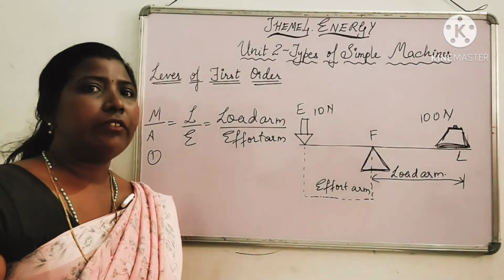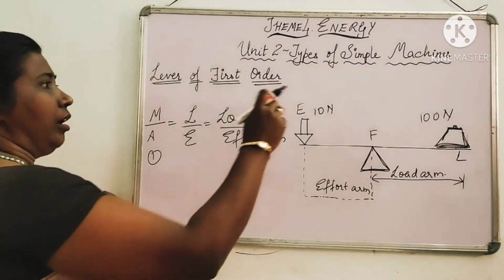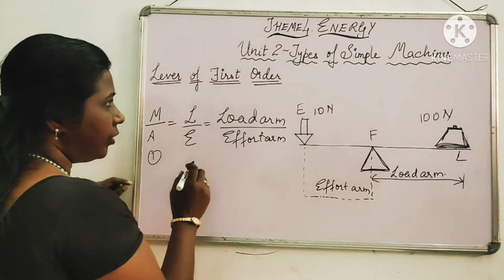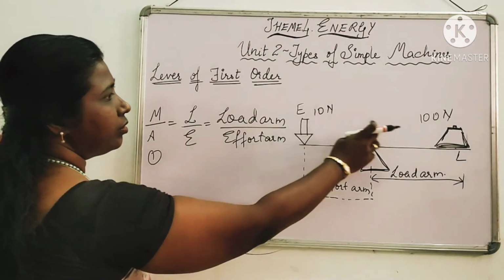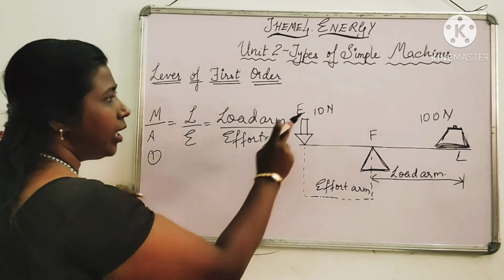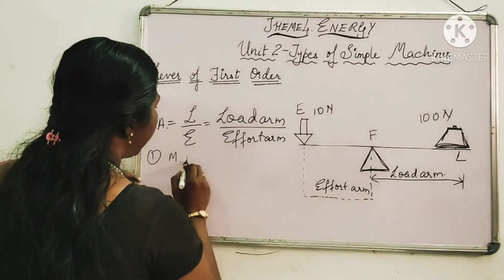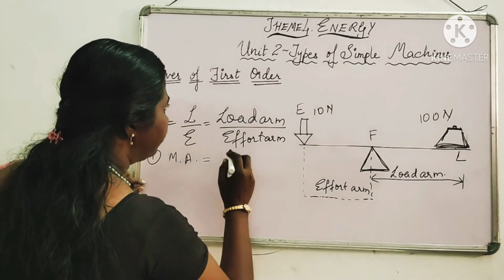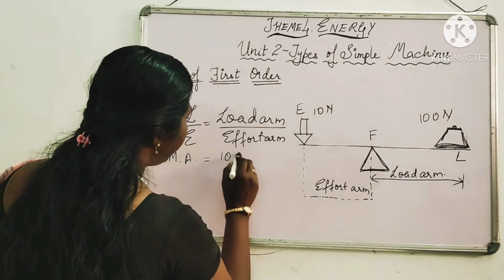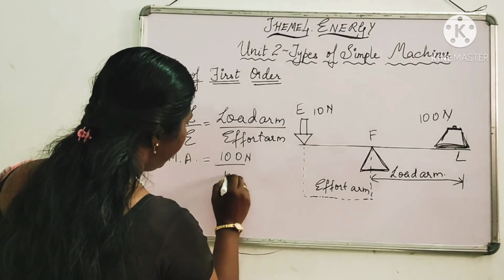So students, in the first case, what happens? If I am taking load upon effort, in the first case the load is 100 Newton and the effort is 10 Newton. So the mechanical advantage will be 100 Newton upon 10 Newton.